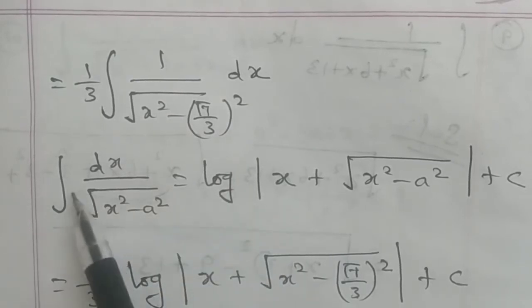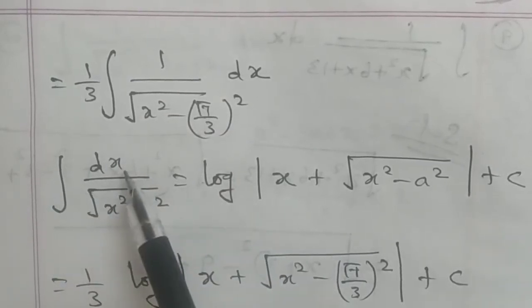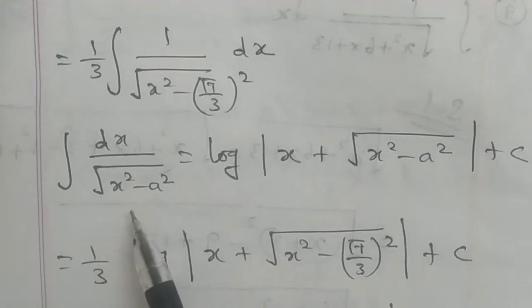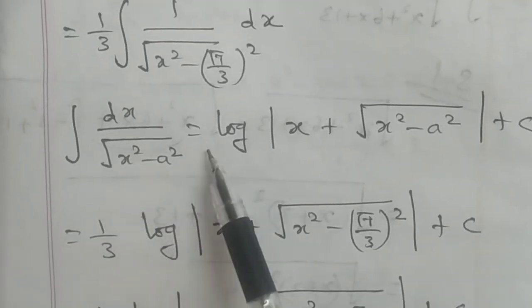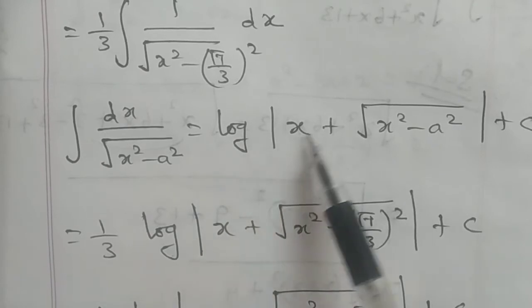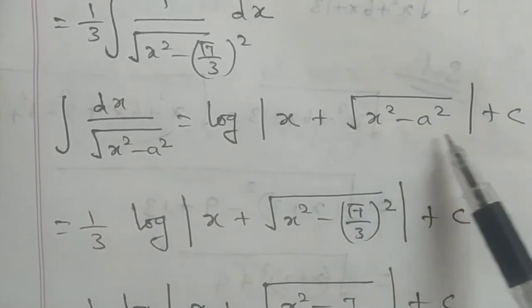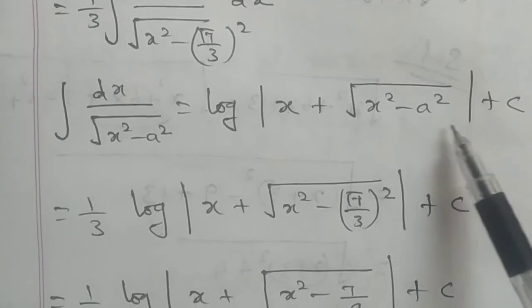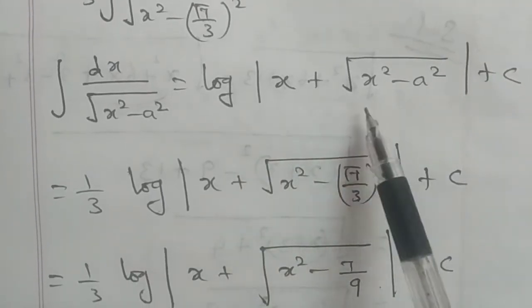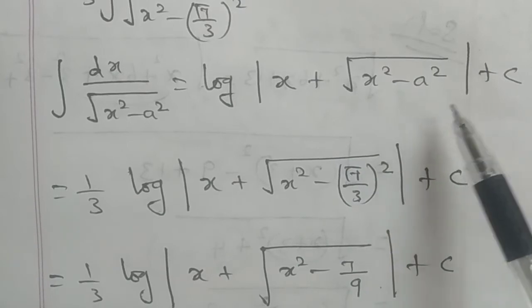We know the formula: integral of dx divided by square root of x square minus a square equals log modulus of x plus square root of x square minus a square plus c.